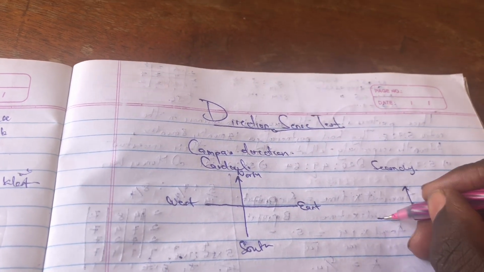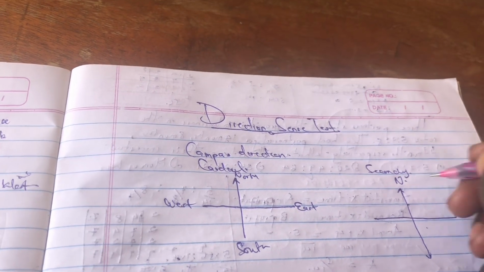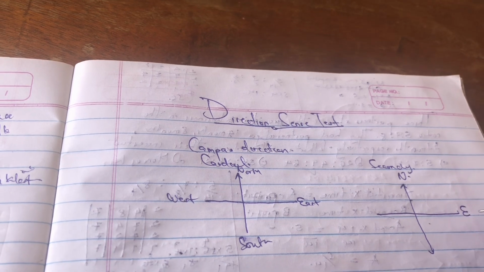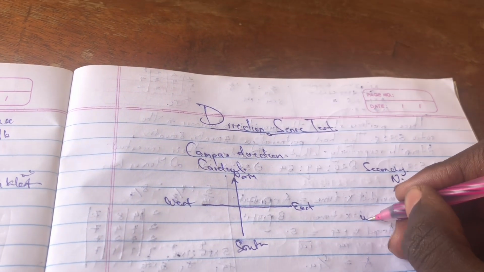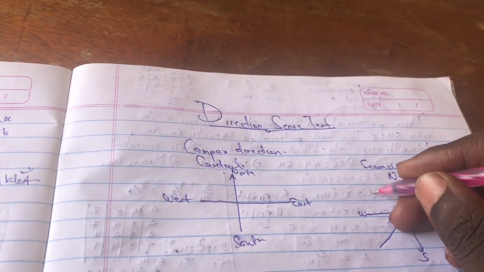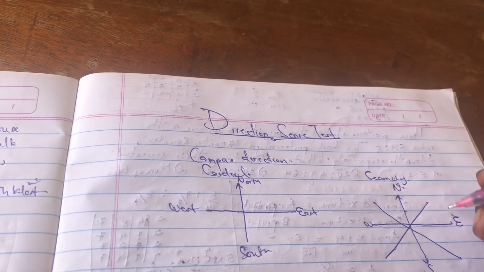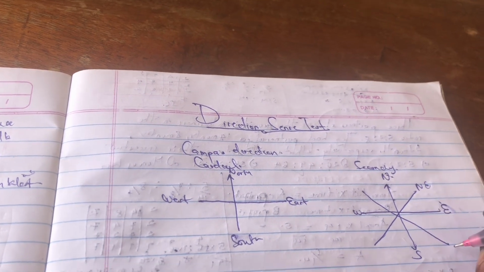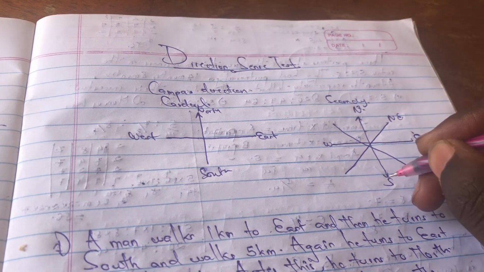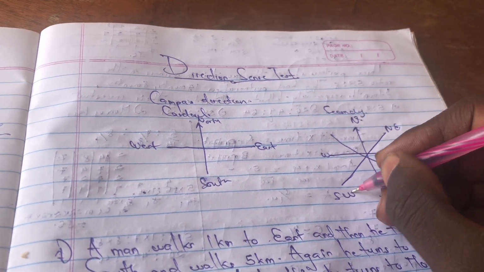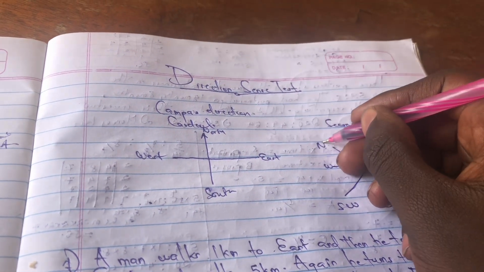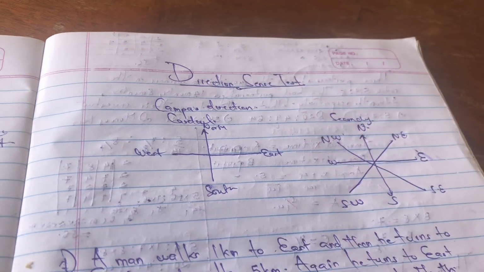That means if we have this as our north, this is our east, this is our south, and this is our west, we just point this in the middle. So this side will be northeast, this will be southeast, this will be southwest, and this will be northwest. That's the only thing you need to know.